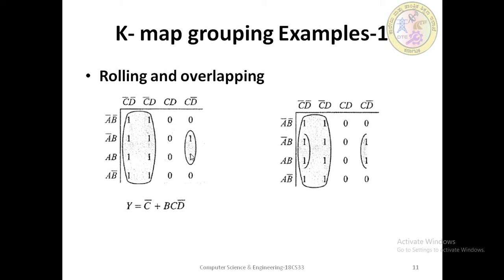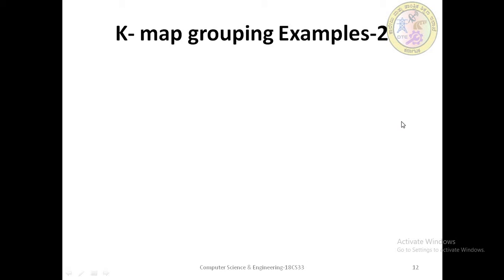Instead of doing this, we have one more possibility. Instead of grouping 2, it can be grouped as a 4 by combining this, right? Yes, that gives one less variable at the output. So always you should be thinking of big numbers.